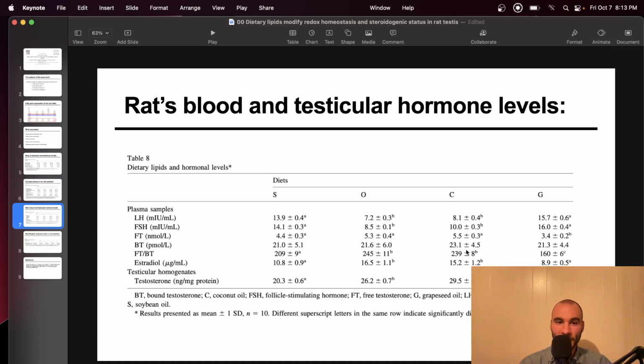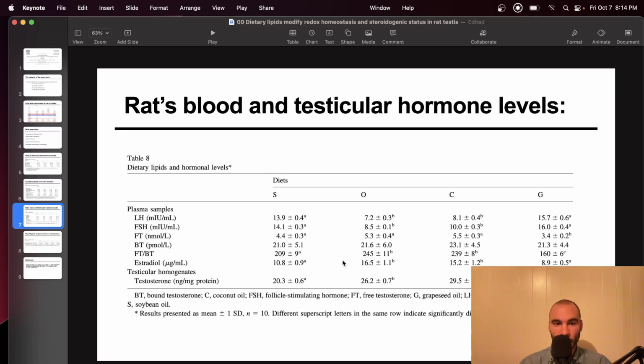So what we're seeing is that the coconut oil and olive oil groups, those rats' testicles, are producing adequate amounts of free and bound testosterone with a decreased input from the hypothalamic pituitary axis, meaning that their testicles are working well without this need of the stimulus from the hypothalamic pituitary axis. This is a good thing compared to the soybean oil and the grapeseed oil groups.